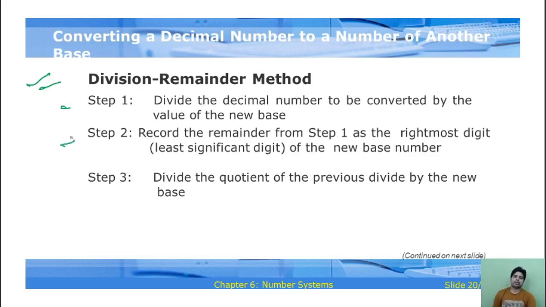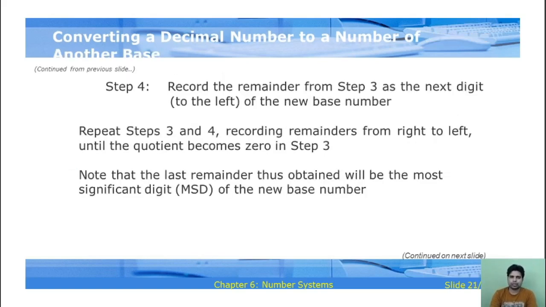Step 2: record the remainder from step 1 as the rightmost digit, the least significant digit, of the new base number. Next, step 3: divide the quotient of the previous division by the new base. Clear? Yes. And step 4: record the remainder from step 3 as the next digit to the left of the new base number.